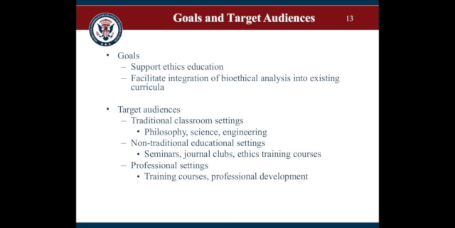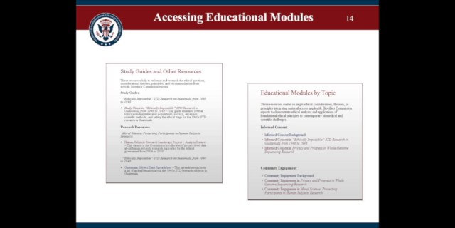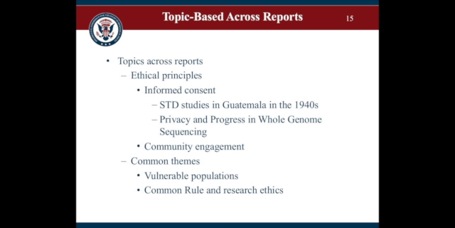We have two approaches with these materials. One is a report-specific approach where we'll talk shortly about a study guide for specific reports and also research resources, and also a topic-specific approach where we'll look at ethical principles, for example, informed consent or community engagement across different reports.